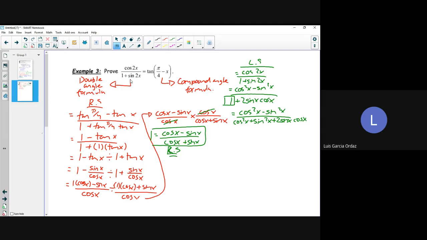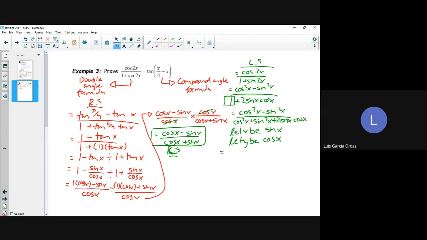So to make it easier on ourselves, let's just put a let statement. Let x be sine x. I'm going to say let y be cos x. Just for your brain's sake, we're going to put let statements because it's going to be easier to visualize.